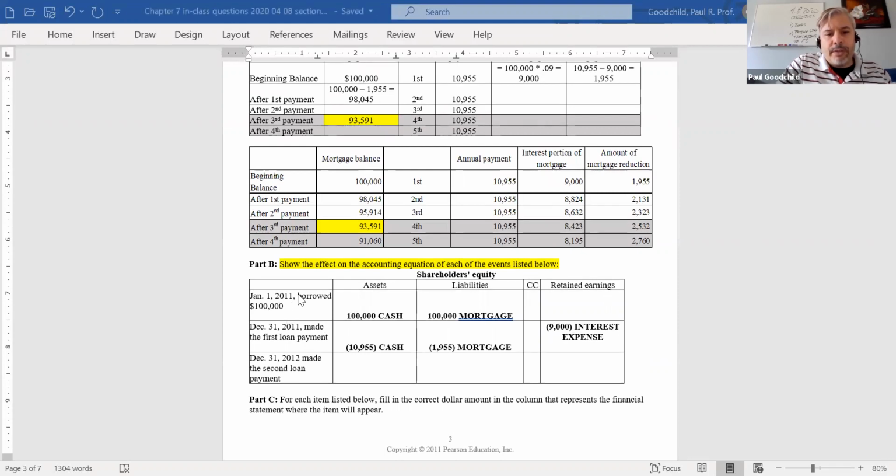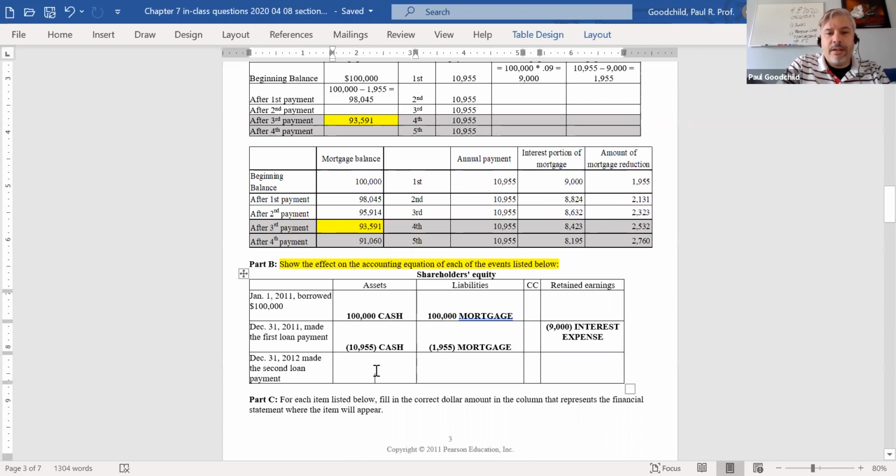And so the company borrowed $100,000 cash. So they got $100,000 cash. And then they had a liability of $100,000 mortgage. Doesn't affect our retained earnings. Then they make their first loan payment, which is this payment here, $10,955 in cash. $1,955 reduces the mortgage liability, and $9,000 of interest expense.